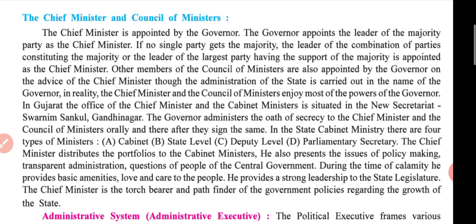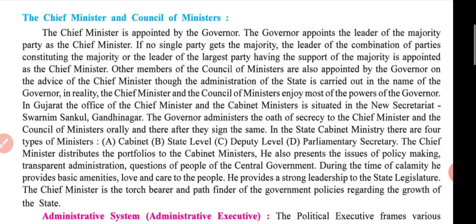The chief minister distributes the portfolios to the cabinet ministers. In portfolios, topics covered include policy making, transparent administration, and questions of the general public.